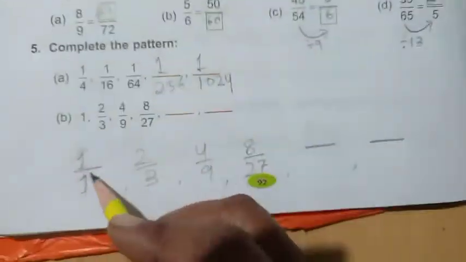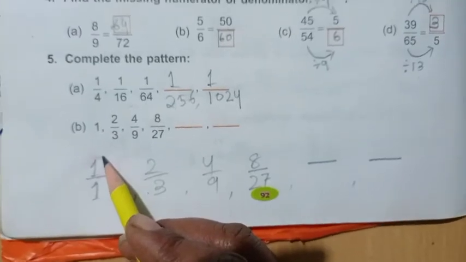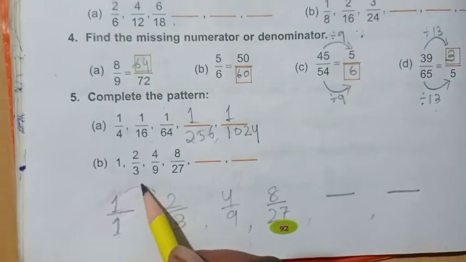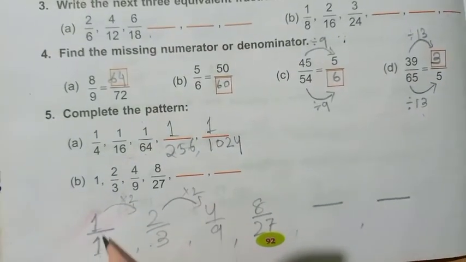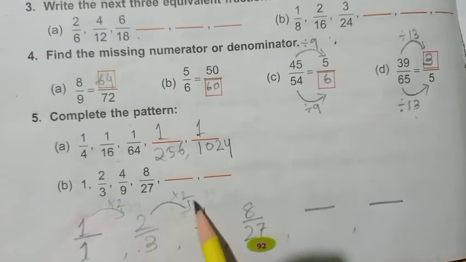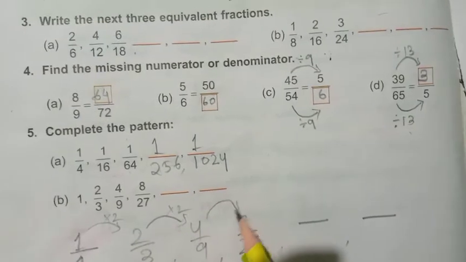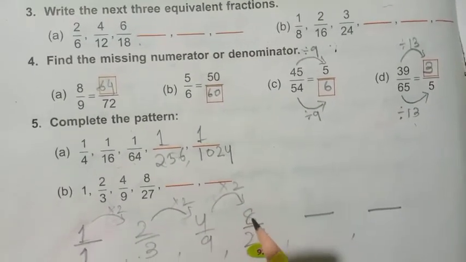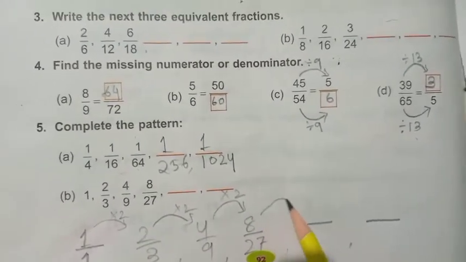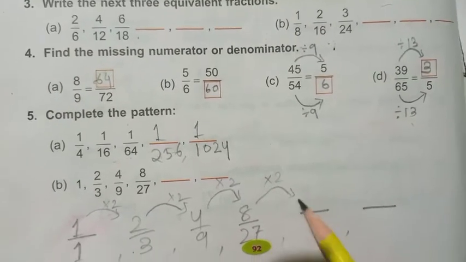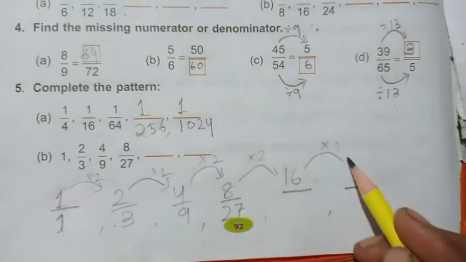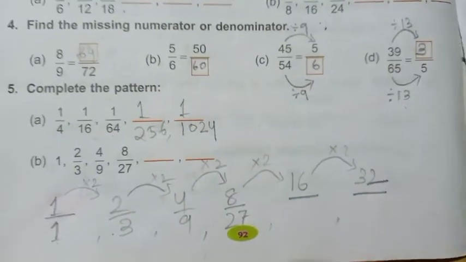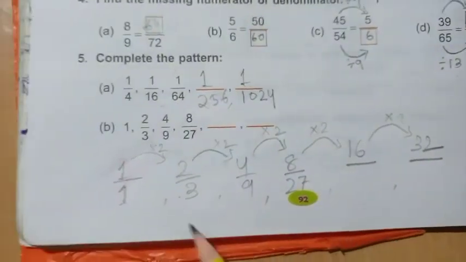So here in the numerator, the sequence is multiplied by 2. You see 1 into 2 is 2, 2 into 2 is 4, and 4 into 2 is 8. Similarly, we will multiply again 2 with this. 8 2s are 16. Again 2 will be multiplied with this. That will be 32. Got it, children?